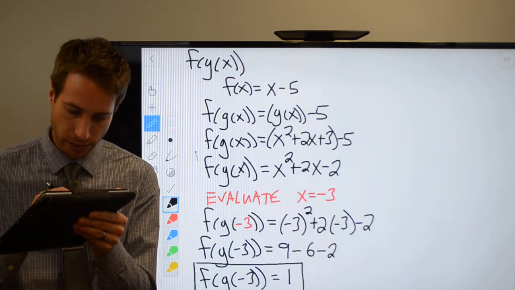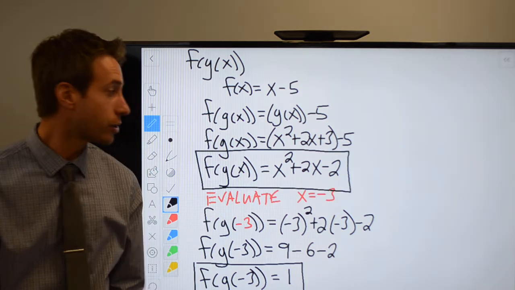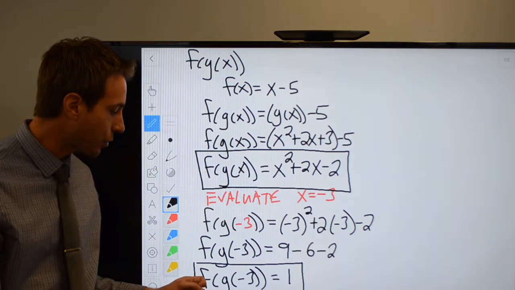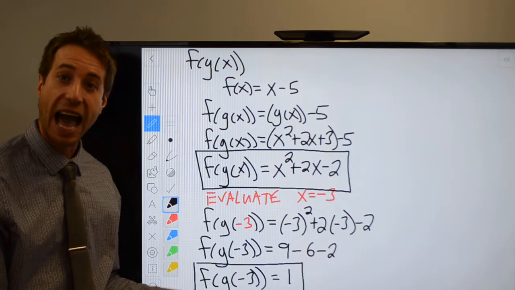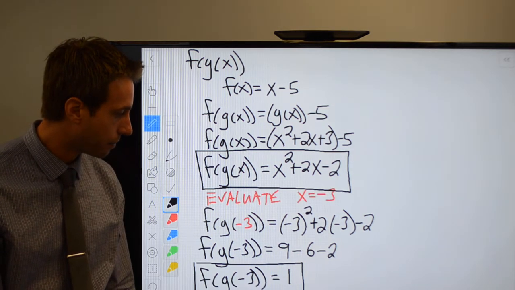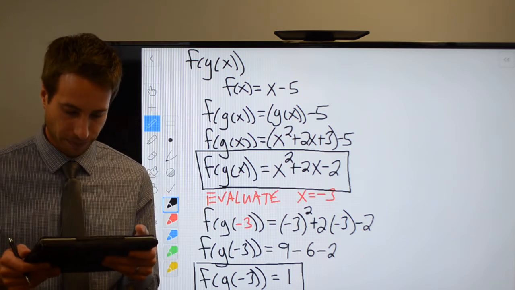Two answers: the composite function f of g of x, and then evaluating f of g at negative 3 to get a positive 1. Okay, let's keep going and do the next one.